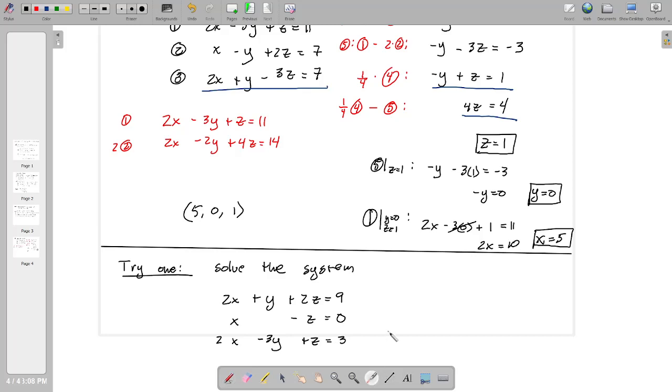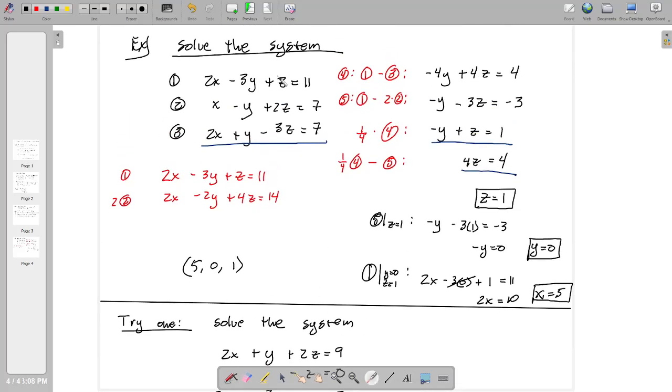Basically, you'll do the same exact process. You can also do substitution instead. The trouble with substitution is you'd have to solve for one of the variables and plug it into 2 equations. And that will eliminate one of the variables, and then you do that again after you have a system of 2 equations, 2 unknowns. So let's suppose that I solve for x in this equation and plug it into equations 1 and 3.